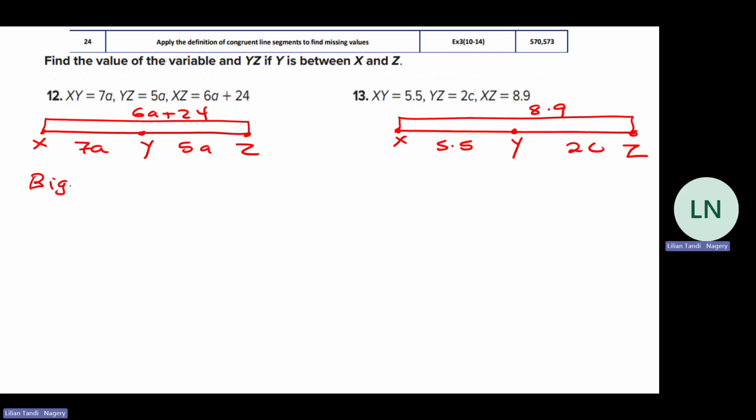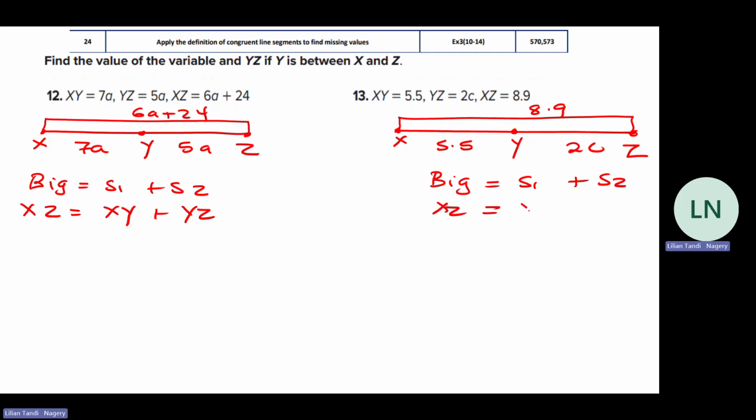Big equals small 1 plus small 2. XZ equals XY plus YZ. XZ is 6A plus 24 equals 7A plus 5A.